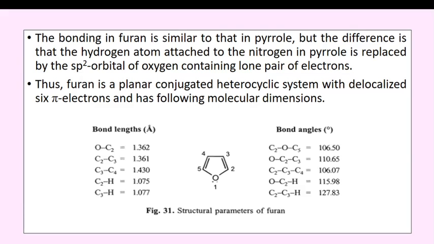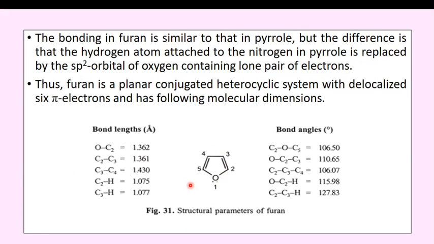The bonding in furan is similar to that in pyrrole, but the difference is that the hydrogen atom attached to the nitrogen in pyrrole is replaced by the sp2 orbital of oxygen containing a lone pair of electrons. Furan is a planar conjugated heterocyclic system with delocalized pi orbital, 6 pi electrons, and has the following molecular dimensions.